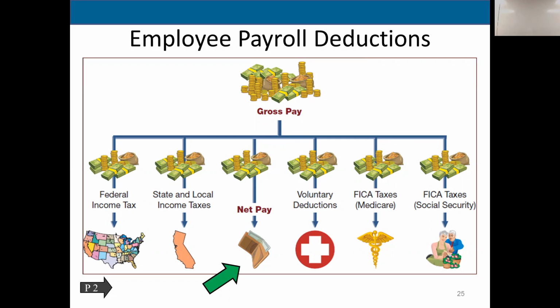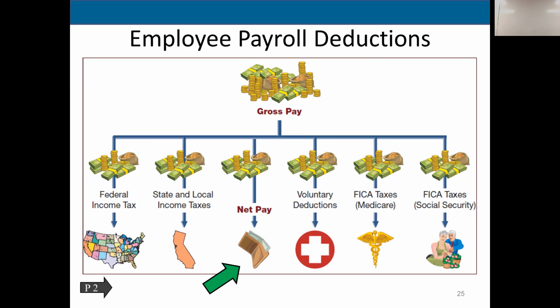Your net or negotiated pay scale would not even be reflective of your total comp. And when I say total comp, I'm talking about total expense to your employer. All right, so right now let's just focus on gross pay.